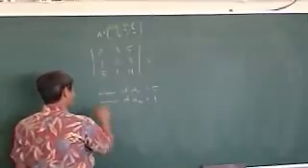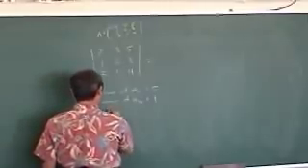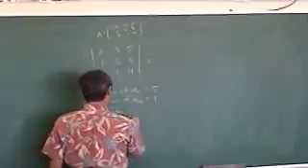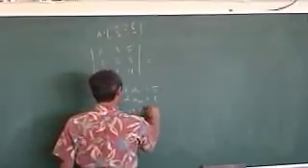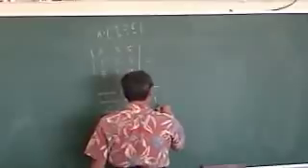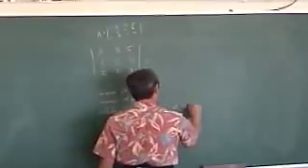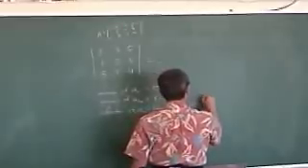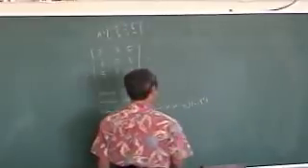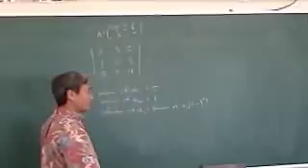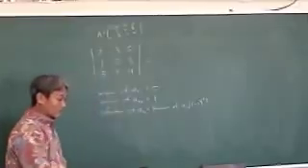Okay, now we know what a minor is. What is a cofactor? What is the cofactor of A11? Well, it's the minor of A11 multiplied by negative 1 to the i plus j. Well, if you look in your notes, that's what it says a cofactor is, right?